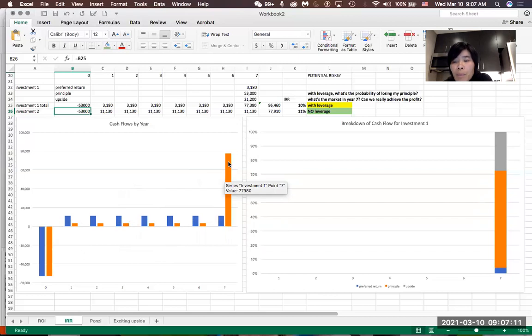So compared to ROI, it takes into account the time value component. That means $100 today is definitely worth more than $100 2 years from now. So it assigns different weight to the cash flow, depending on when you receive it.